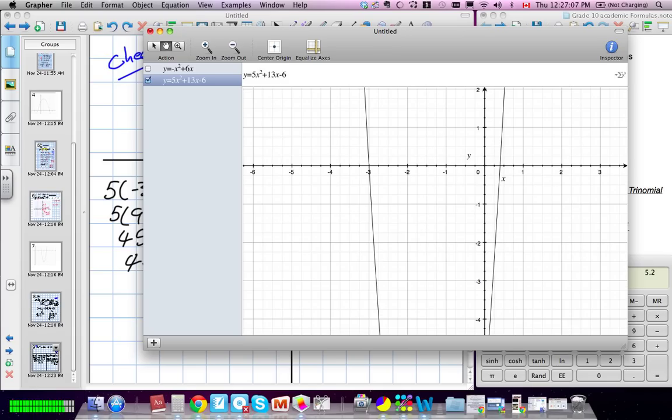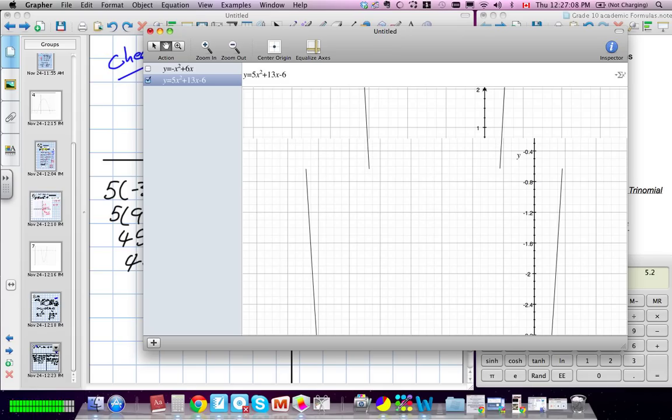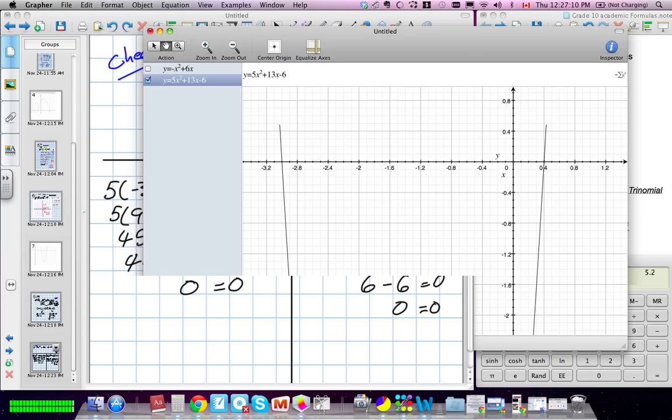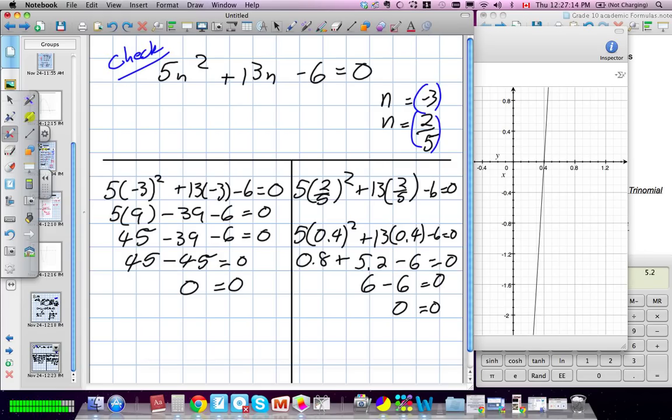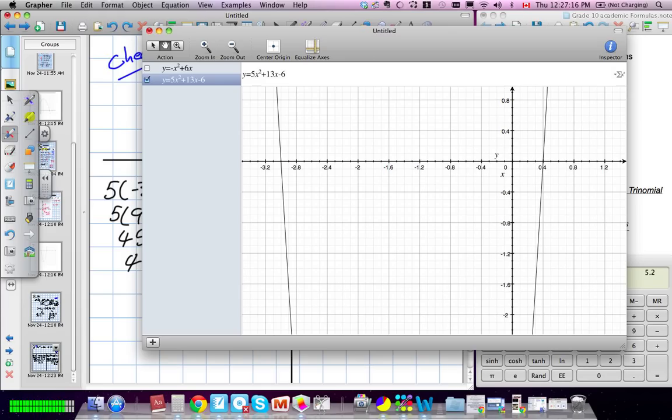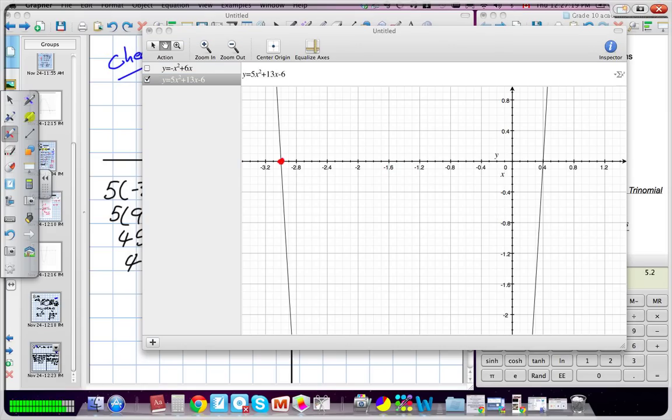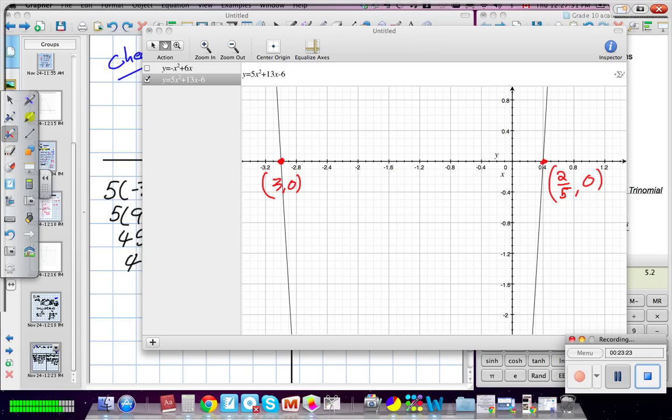And because it's a decimal, I'm going to zoom in even more. And it turns out we're definitely at -3 and 0.4, which is 2 over 5. So that worked out perfectly. Those are our two 0 points, so we know they worked.